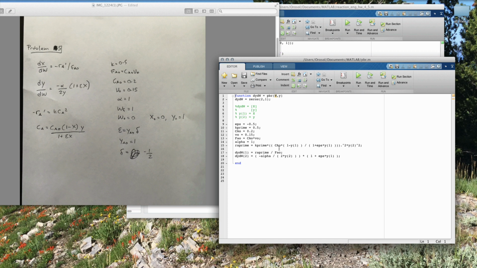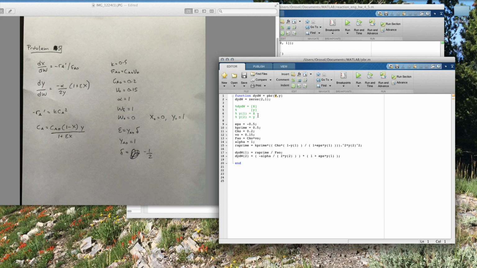Well, I have this for the concentration, so CA naught, 1 minus... If you remember the way I have to reference this, the way MATLAB works is I can't have an X and a Y, which is technically what I'd want. I can only have one dependent variable.